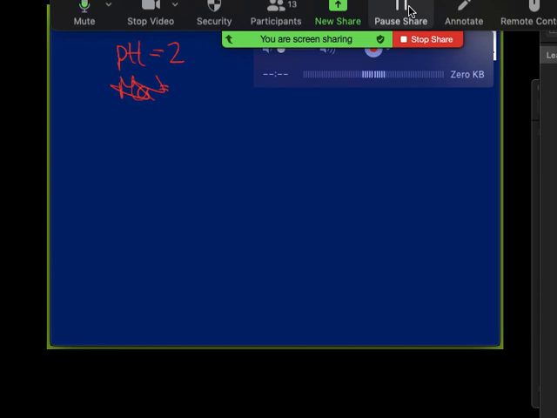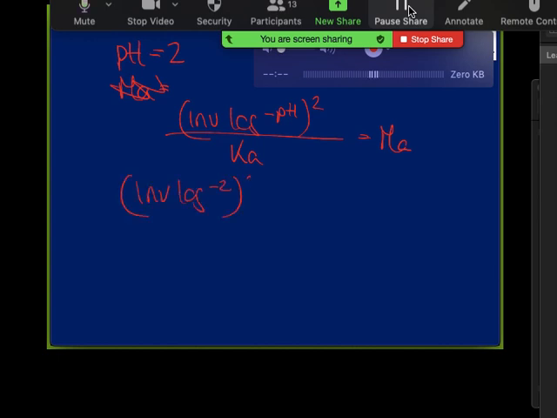Okay, so I apologize because I'm just doing it off what I've written from last year. Okay, so our formula is inverse log negative pH squared. It is going to be over Ka to give me MA. I am then going inverse log negative 2 to be squared over 1.8 by 10 to the minus 4, and that will be 0.56, so I apologize. Is everyone happier?